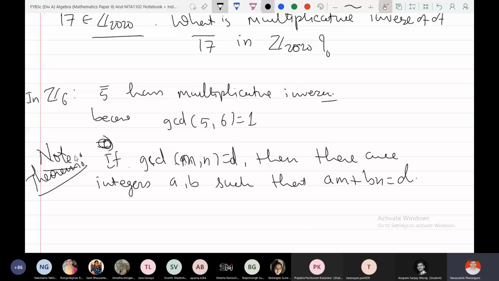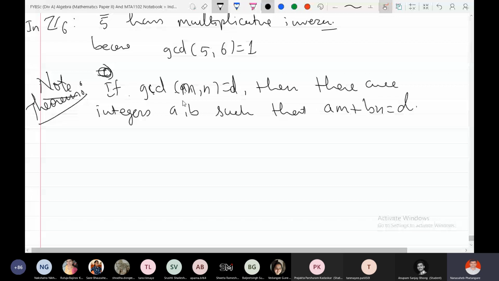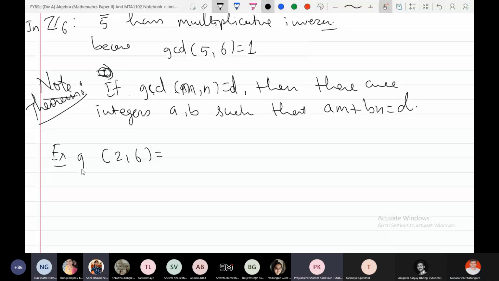So if GCD of m and n is d, then certainly I can express the GCD as a combination of these numbers. So for example, what is GCD of 2 and 6? GCD of 2 and 6 is 2.